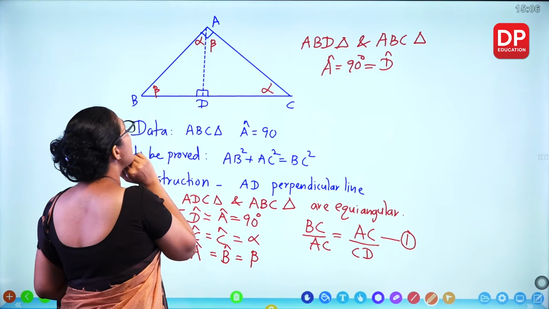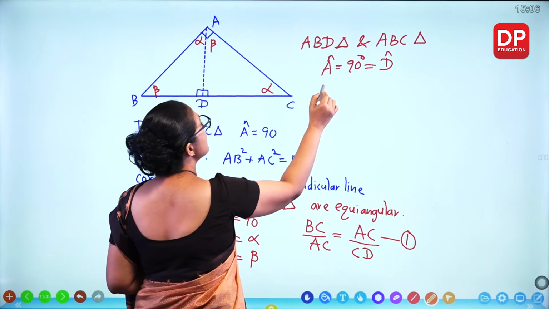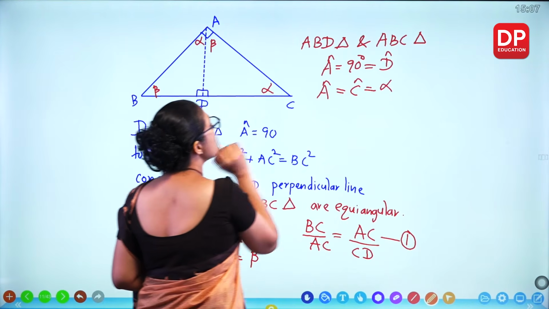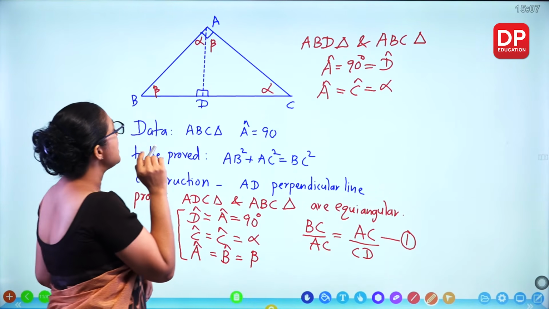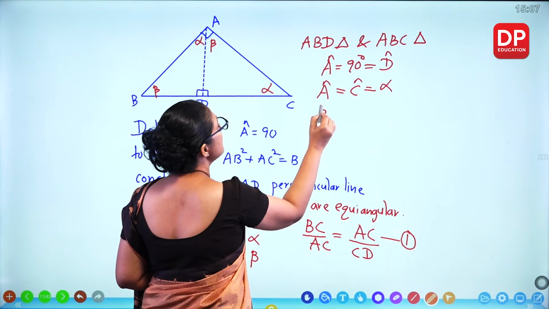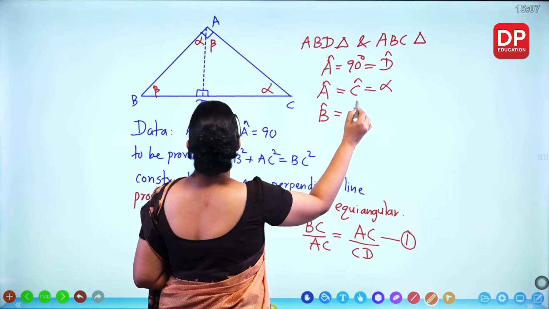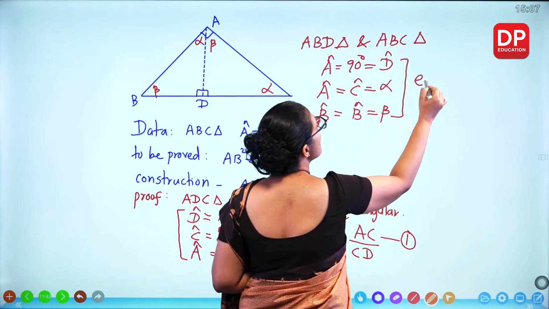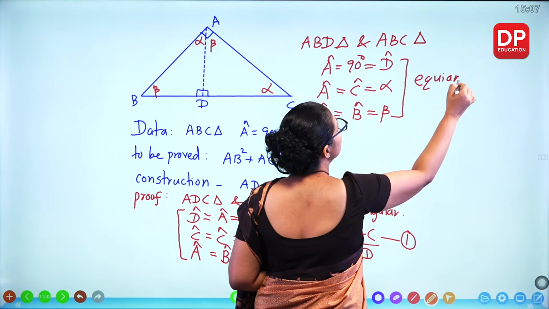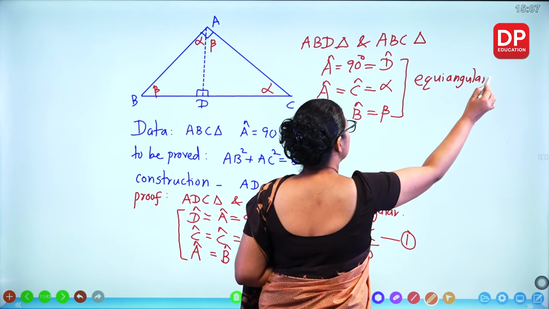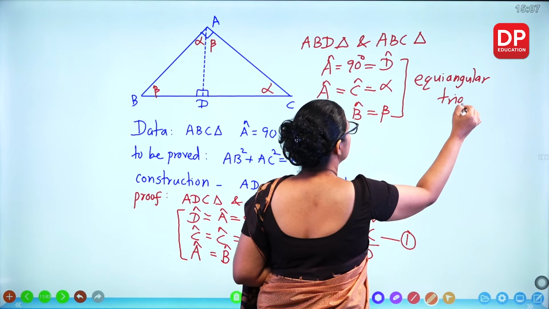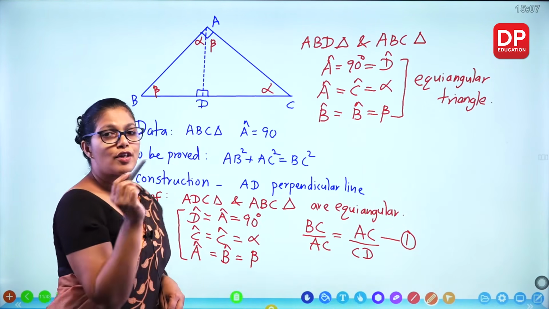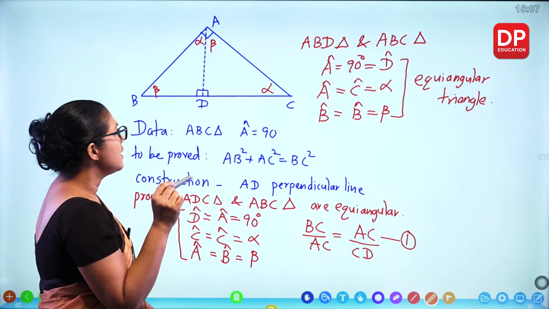Then alpha angle here, that's A angle, and this is C angle, that's alpha. Beta angle is B angle for the ABC triangle, and the other angle also B angle. So here also equiangular triangles. Then these are similar triangles, so the corresponding ratios are equal.